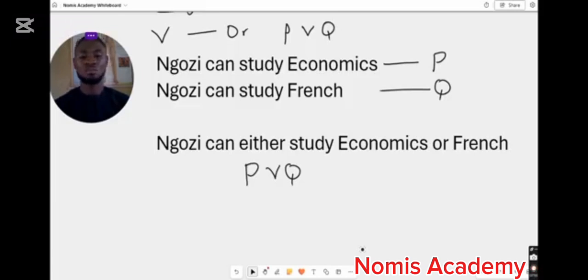Will it be true or false? If P is false and Q is true, what are we going to have as our compound statement? So let's look into the truth table.